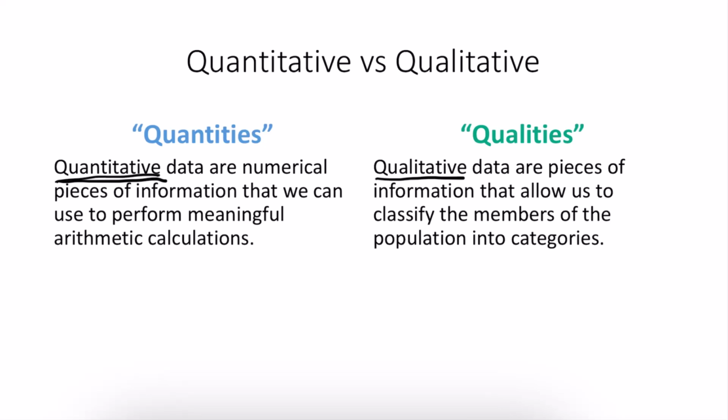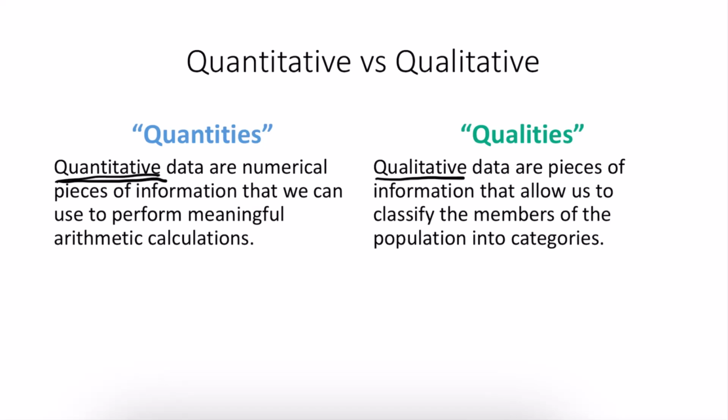That would give me the average height. And with qualitative data, you can't do numerical calculations, because if you ask everybody what their eye color is, you can't say the average eye color of people is, well, that makes no sense. So quantitative data have to do with numbers and qualitative data have to do with categories.